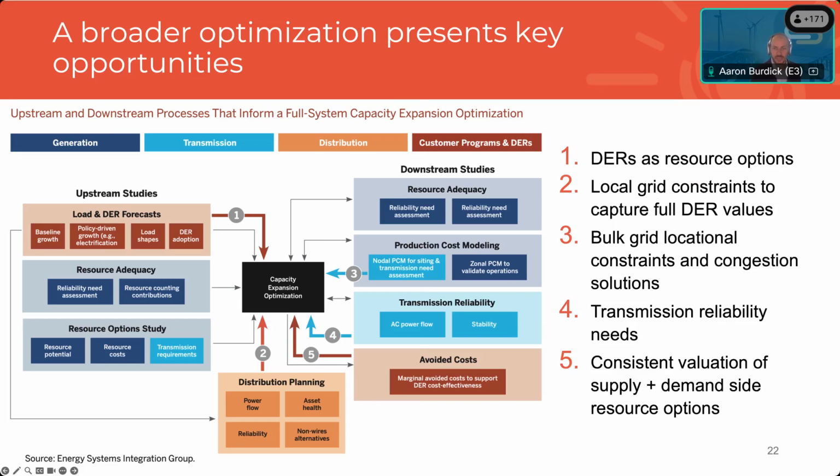We can incorporate some of the more physical transmission reliability needs explored in power flow and stability analysis to ensure that our investments and our dispatch modeled represent system needs. And then we can ensure there's a consistent valuation between supply side and demand side resources. So these are the key opportunities that are presented by this theoretical full system optimization.